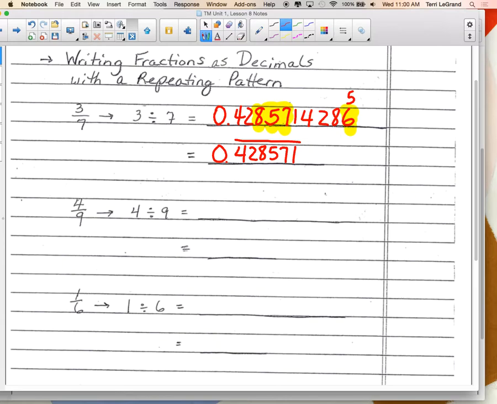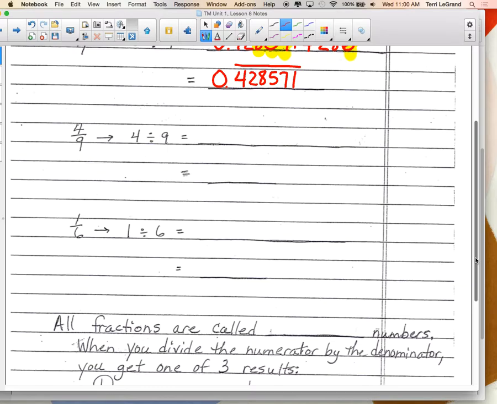Okay, let's try 4 ninths. You're going to do 4 divided by 9, writing out every digit your calculator shows. And some of us, your calculator may show more digits than other calculators do.